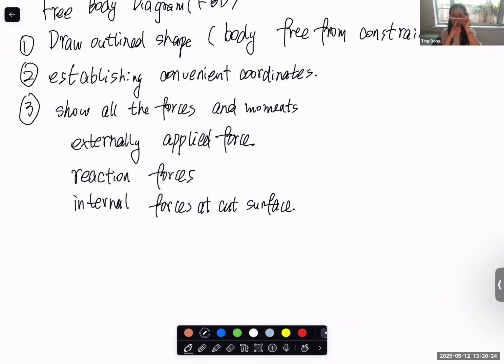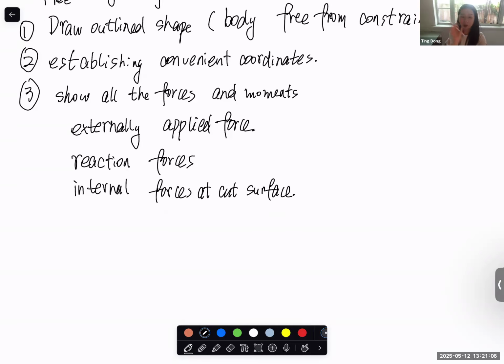If I want to know the internal force at this point, you learned from statics that we need a cutting surface passing through this point, and now we have a section of the structure. Now this cutting surface has internal force, right? If it's a 1D bar, we know the internal force is in the axial direction. If it's a beam problem, the internal force includes the shear force, the tensile or compressive force in the horizontal direction, and the bending moment. So this is the internal force at the cutting surface.